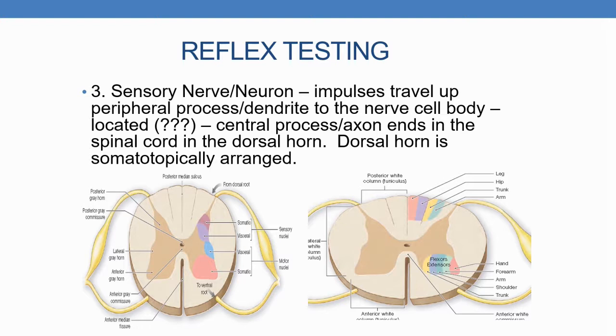And then this nerve cell body in the dorsal root ganglion sends an axon, which is not actually an axon, it's called a central process, but you can think of it as an axon. It sends its axon into the spinal cord, in through the dorsal root and into the dorsal horn. And the dorsal horn is somatotopically arranged such that sensory information coming in from the arm and the trunk is located more laterally.